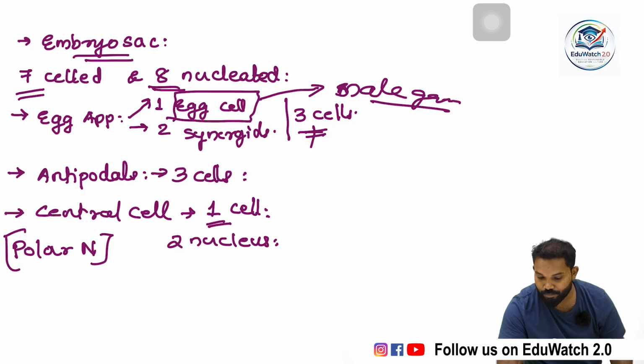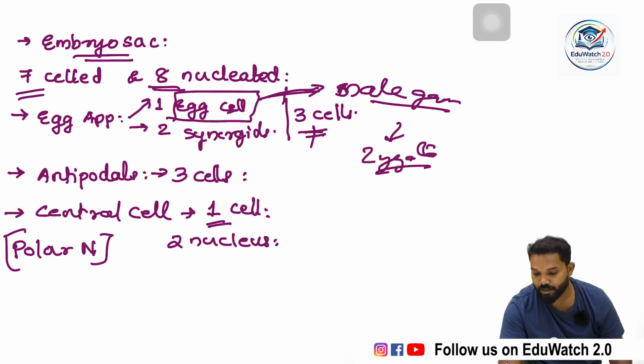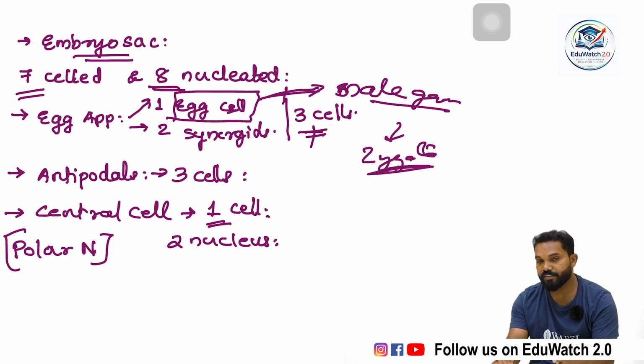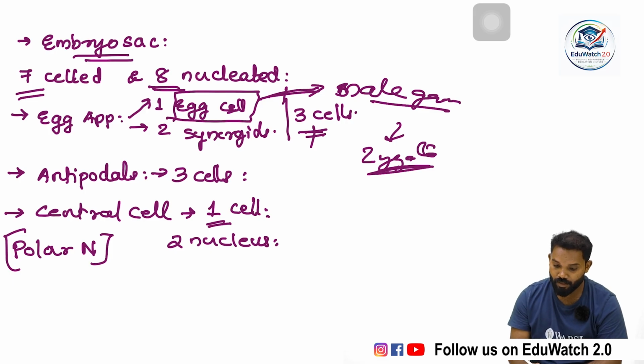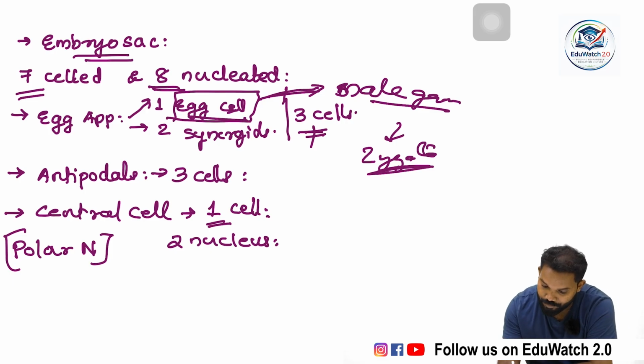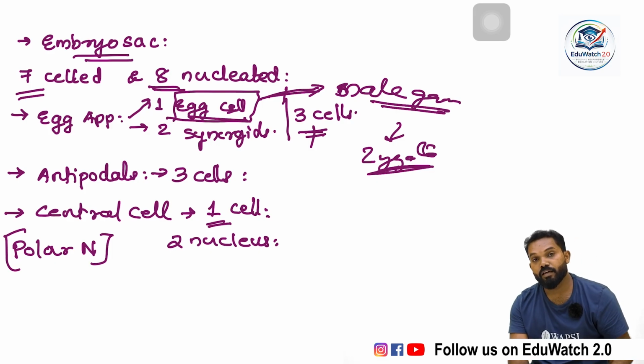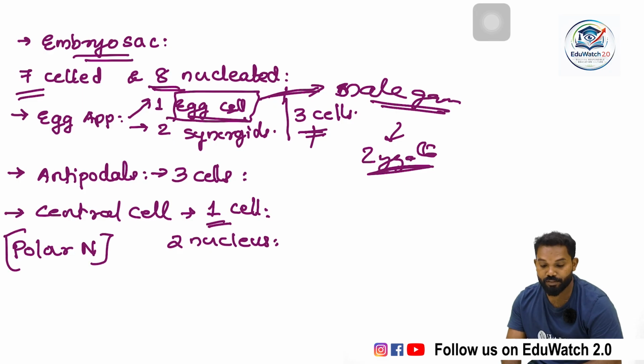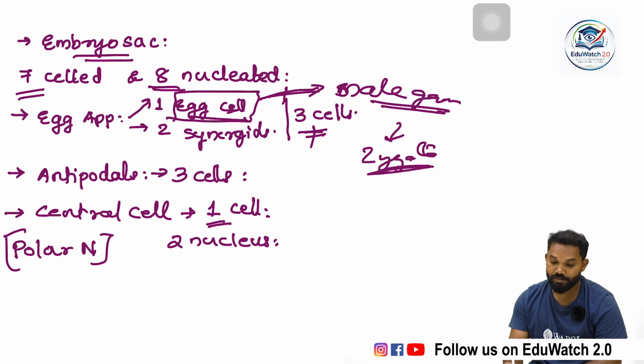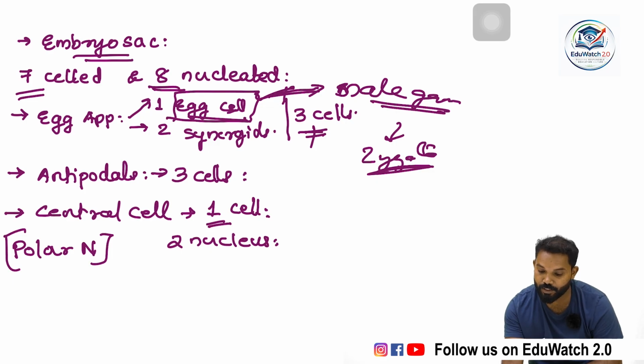The fusion of the male gamete and the egg cell results in the formation of a diploid zygote, and that zygote develops into the embryo. When pollination takes place and the pollen grain reaches the embryo sac, it releases the male gamete. When this male gamete is released, the egg cell fuses with it. So the function of the egg cell is the formation of the zygote.